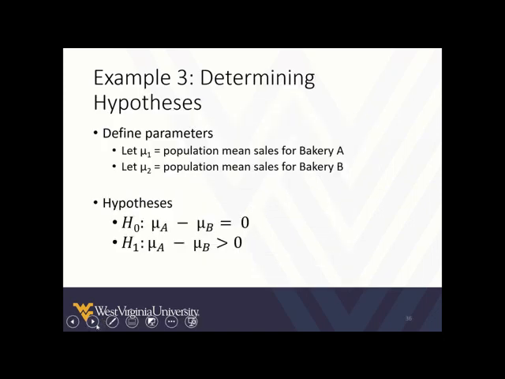And so let us start by beginning to define our parameters. I'm going to let mu1 be our population mean sales for bakery A and let population 2 be the population mean sales for bakery B. Notice when I wrote out the hypothesis, I used subscripts A and B. That's perfectly fine if you decide to change your subscripts to reflect different cases.